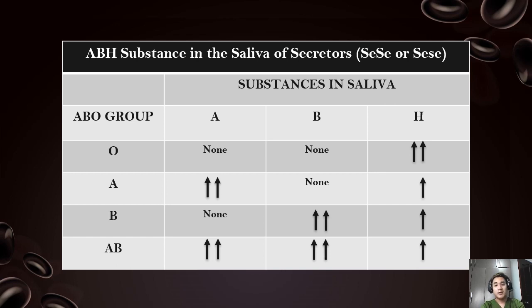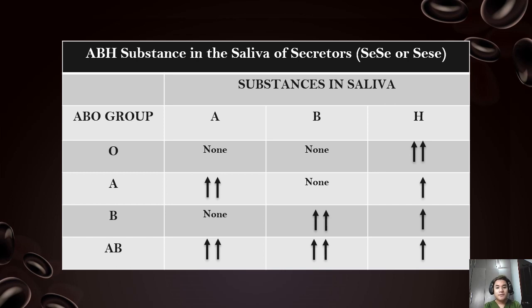So as you can notice, a blood group O individual does not contain in the secretions the A and B soluble substances, but contains the highest H substance among the other ABO blood groups, and this can be correlated with your ABH antigens present on your RBCs for blood group O. As you can remember, your blood group O does not contain the A and B antigens on their red blood cells due to its genetic orientation as an amorphic gene, or a silent gene, which is incapable of producing specific enzymes.